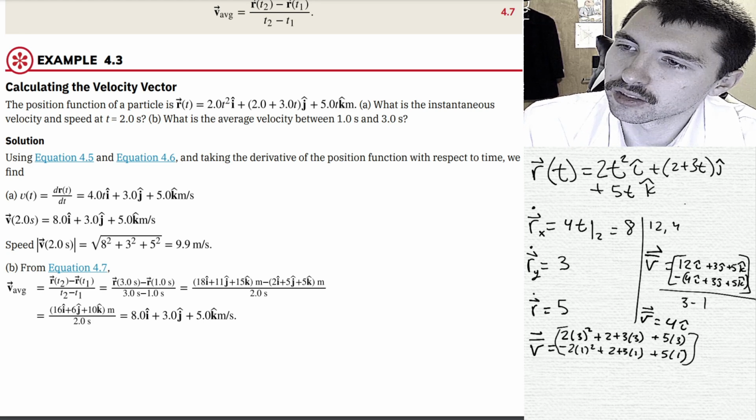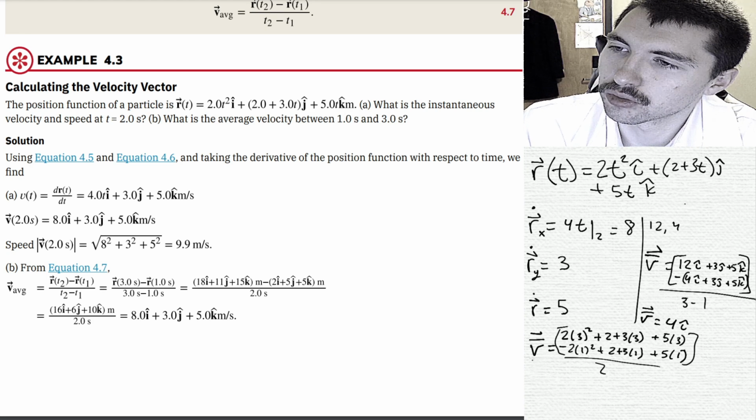And then you take that divided by 2. So I'm looking at 9, 18. 18 minus, so this is all negative.